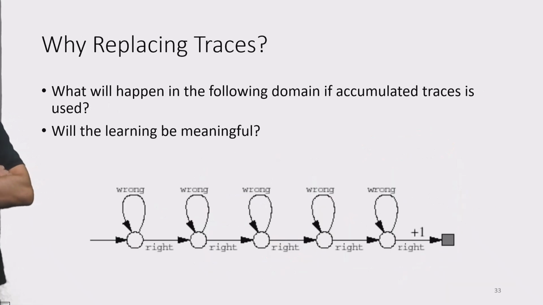And what's the intuition here? So let's look at a toy domain to try to demonstrate the issue with accumulating traces. What will happen in the following domain if accumulated traces is used? Okay, so here in each state we can either take the right action or the wrong action. If we take the wrong action, we simply stay in the same state. And if we take the right action sufficient number of times, we'll get some positive reward.